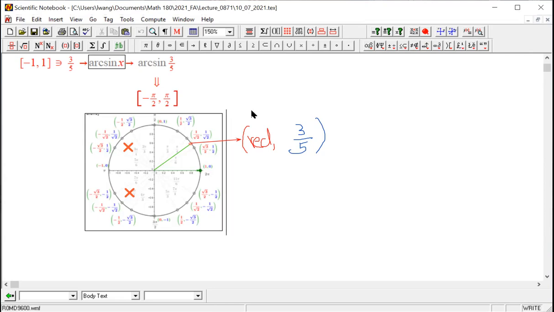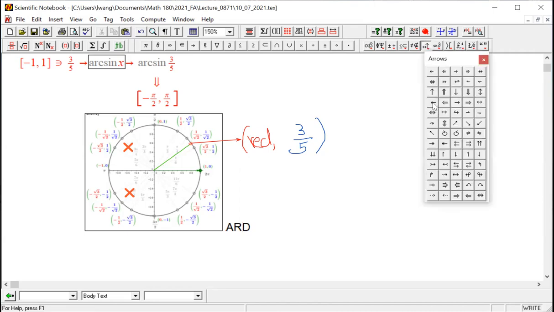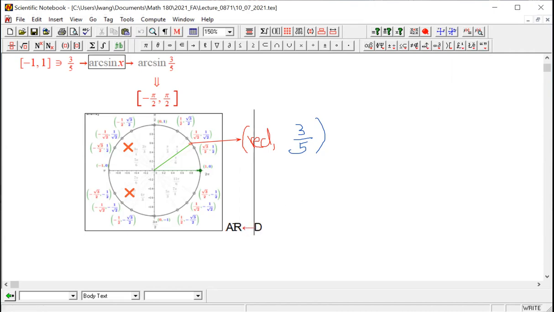If you look at it from the perspective of ARD, we know the sine ratio is sine, right? So we know the definition and we're looking for angles. And what is that angle? That angle has to be between -π/2 and π/2.